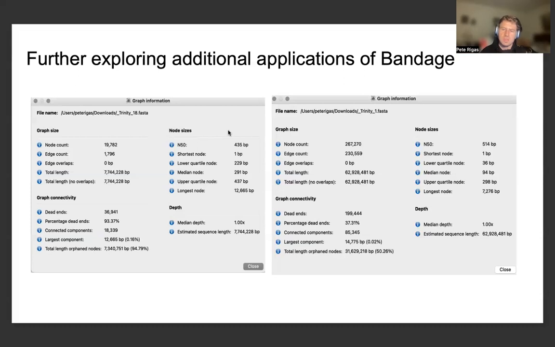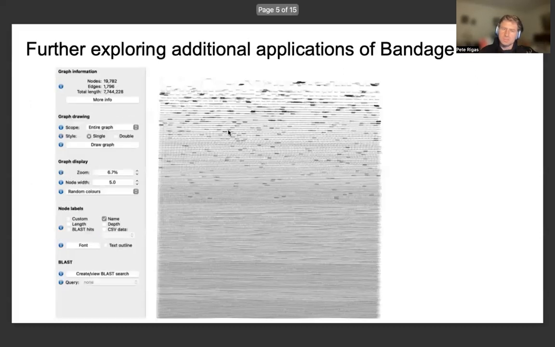So we're going to be looking at the graphs that Bandage is able to construct, and how it reflects the uncertainty of the algorithms in constructing different sequences or potential candidates for sequences.